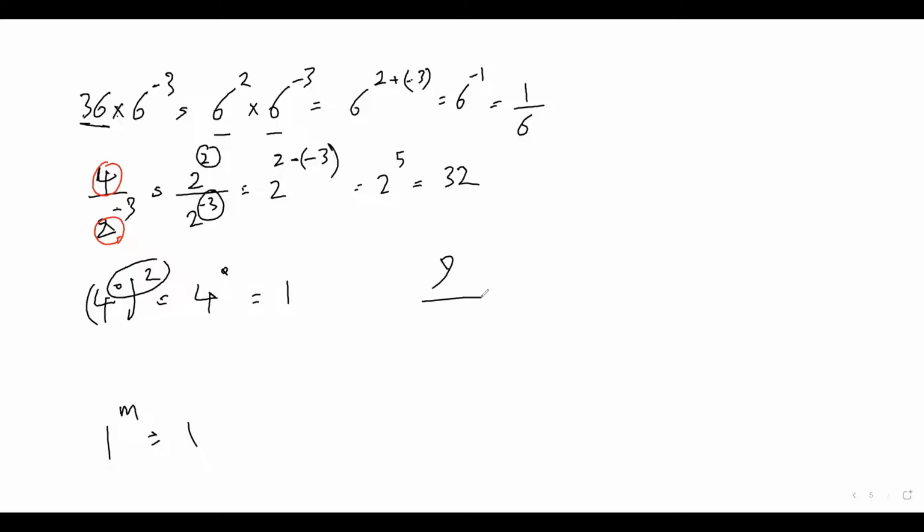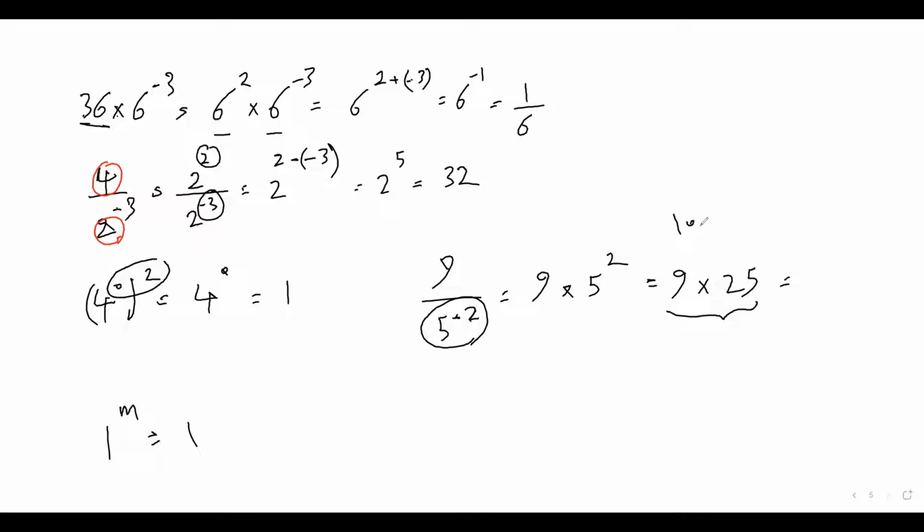So this might be a little bit difficult. How can we solve this without calculator? So what you can do, you bring this up in the numerator and the index becomes positive, and you have 9 times 25, and you should be able to do this mentally.